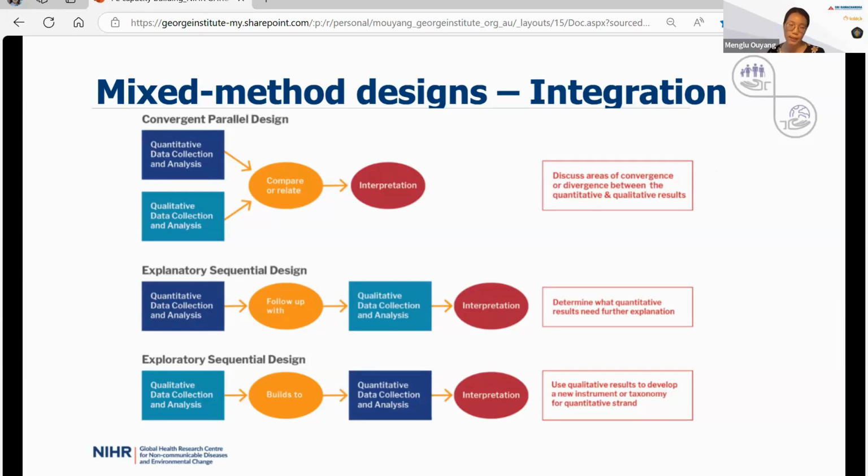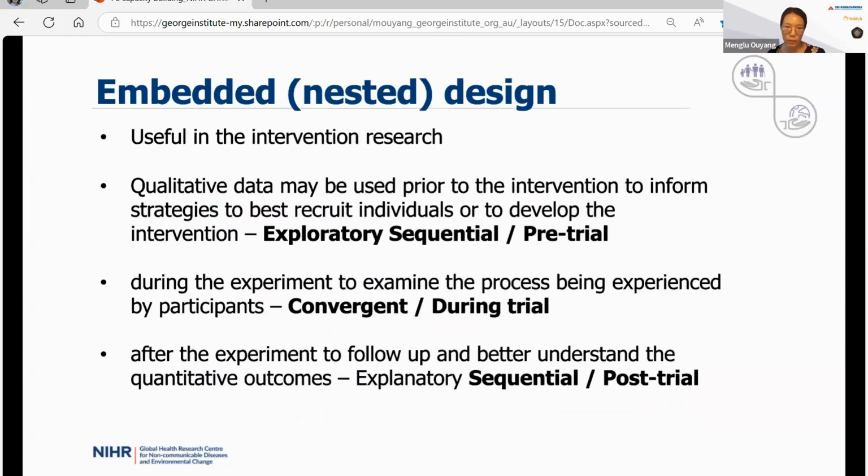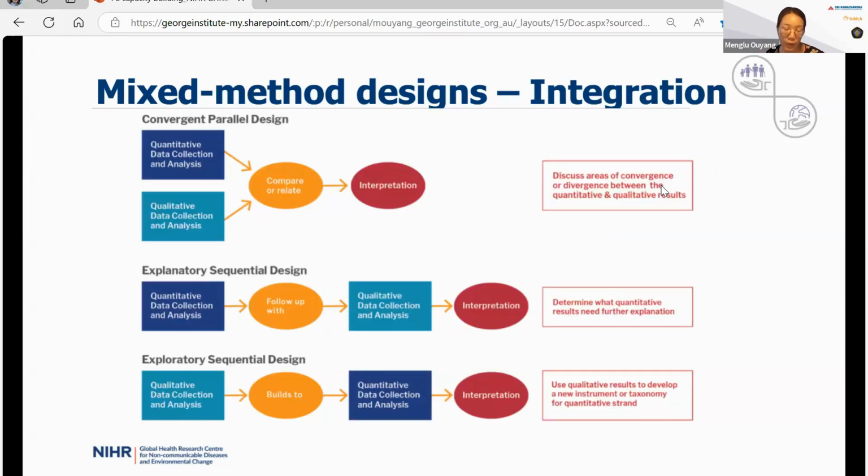And once we get the final results from the numbers or some stats outcomes, it will be followed up with qualitative data, such as interviews or focus group discussions, to explain the results. Then we can interpret the findings and determine why we have the quantitative results.